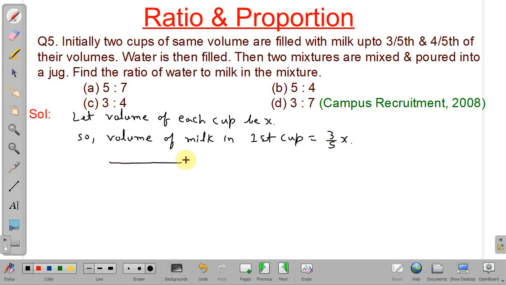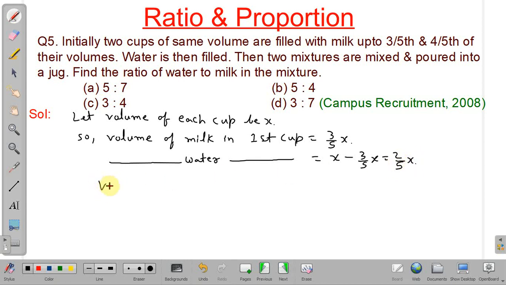Similarly, we can calculate the volume of water in the first cup. See, the total volume is x, so x minus the milk volume, 3/5 x, will be equal to 2/5 times x.